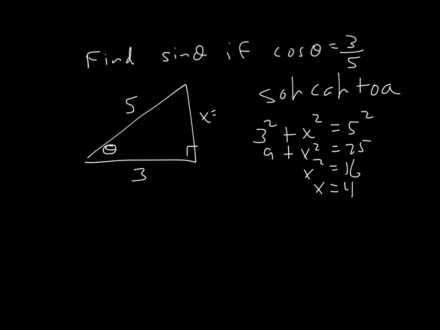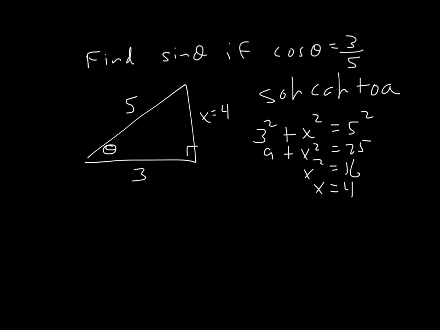Notice that pattern there. You don't always have to do all this Pythagorean theorem work. If you know that every right triangle that has a 3 and a 4, the hypotenuse is 5, or if there's a 3 and a 5, that makes this 4. This is the combination for the Pythagorean theorem of a 3, 4, 5 triangle. So if you have 2 out of the 3 things, you can automatically know what the third one is.